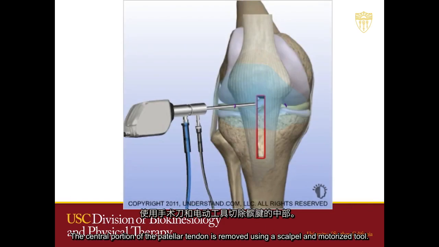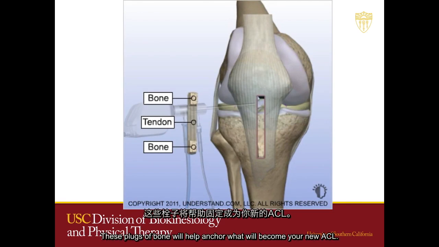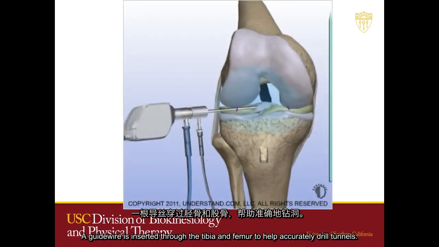The central portion of the patellar tendon is removed using a scalpel and motorized tool. The ends of the tendon are attached to plugs of bone from your patella and tibia. These plugs of bone will help anchor what will become your new ACL. A guide wire is inserted through the tibia and femur to help accurately drill tunnels.